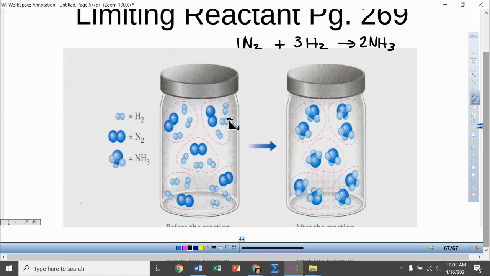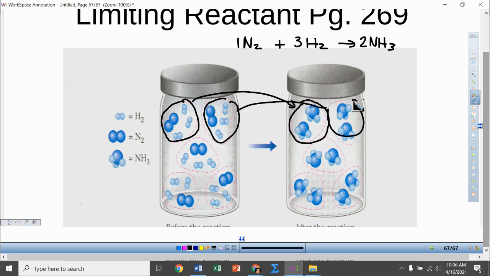So, of course, we need to have a balanced equation first. But you'll see in this picture, we have a situation where we have 3 hydrogens and a nitrogen making 2 ammonia molecules. And it happens over and over and over again, right? And it's perfect. We have just the perfect amount of nitrogen, just the perfect amount of hydrogen, and we make the ammonia. 2 molecules of ammonia every cycle.